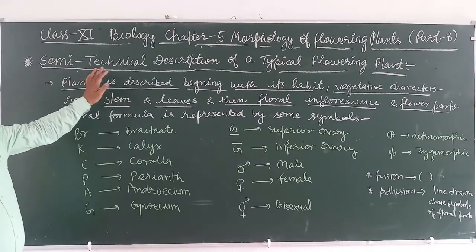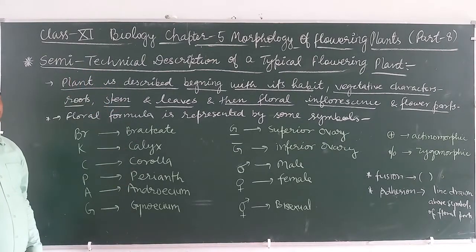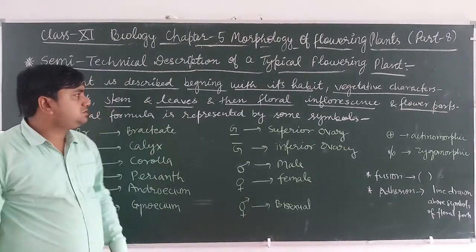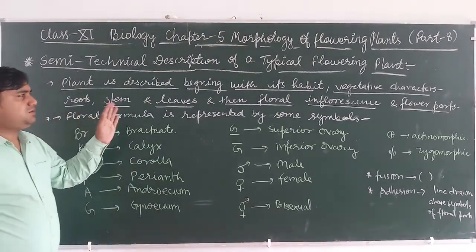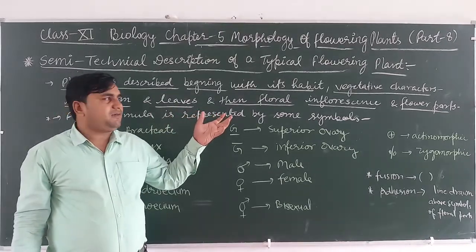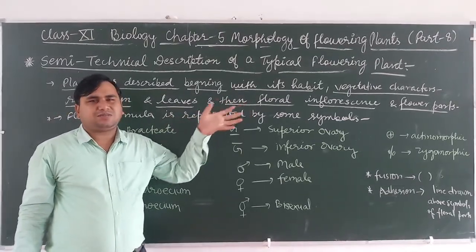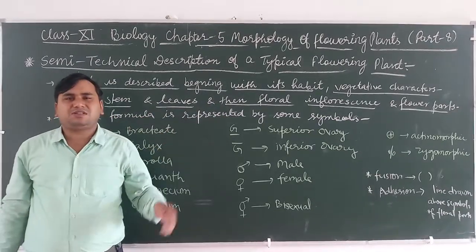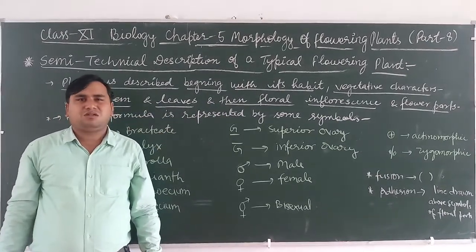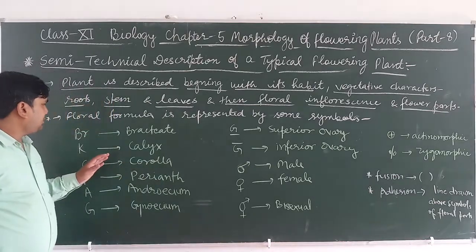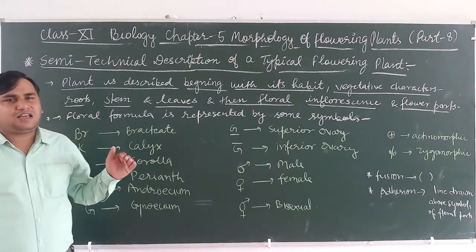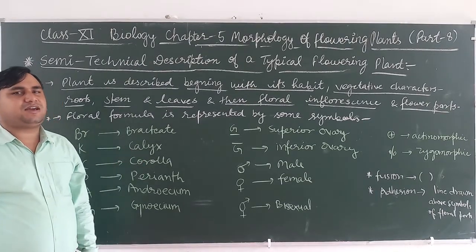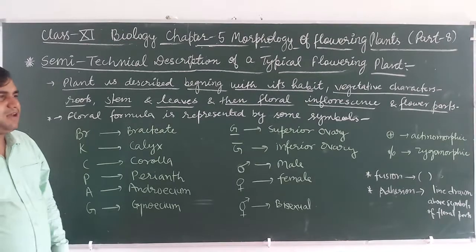This is a semi-technical description of a typical flowering plant. So we can describe plants by their habit, vegetative characters, root, stem, leaves, then inflorescence and different floral parts. Floral parts have a recognized floral formula that is represented by different symbols. One by one we can see.